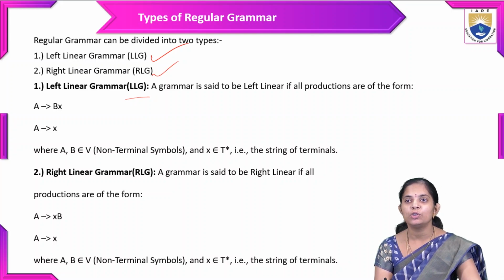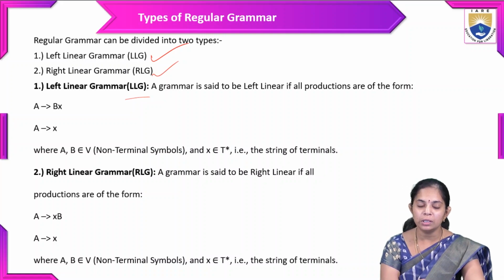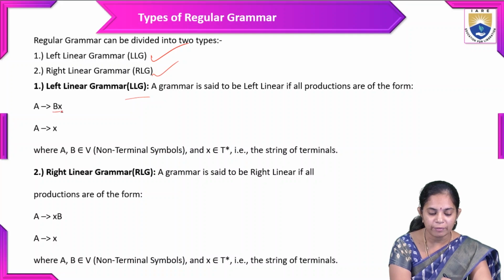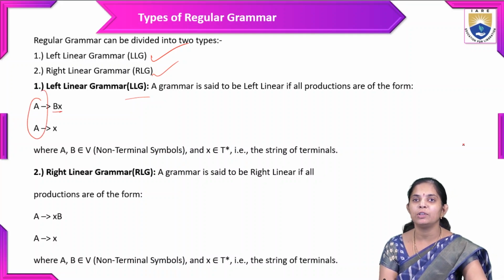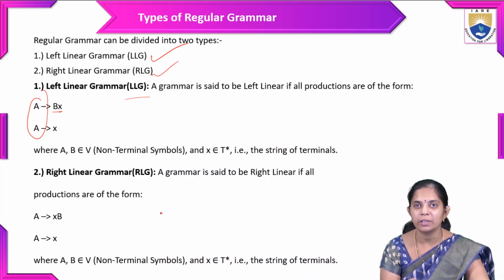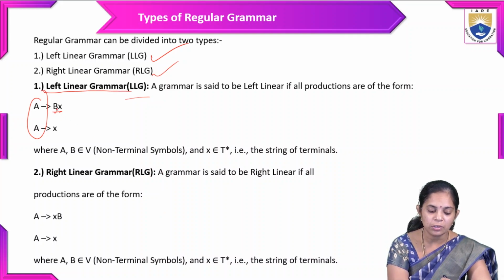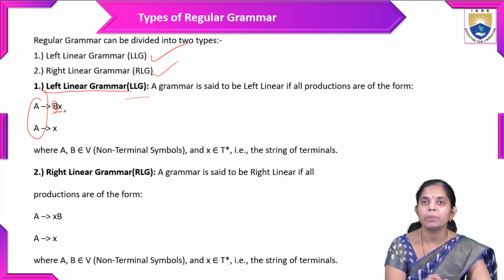A grammar is said to be left linear if all the productions are of this form. On the left hand side we have a single value, so there is no problem with that. On the right hand side, for the left linear grammar, we have a non-terminal followed by a terminal.